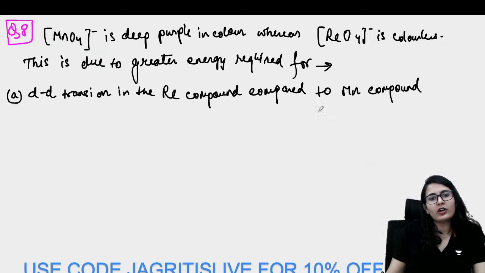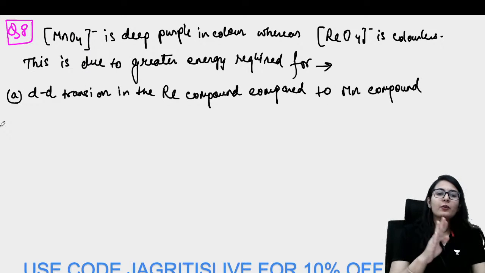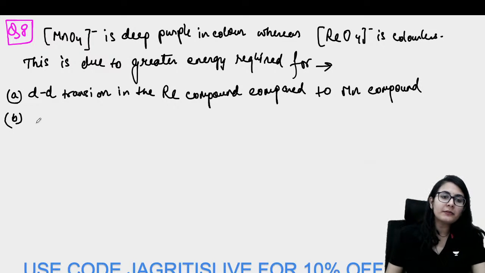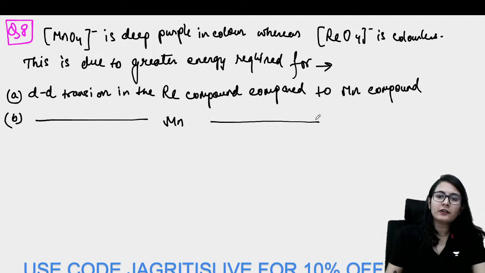Okay, so this is because of the greater energy required for d-d transition of rhenium compound compared to manganese compound. Or d-d transition in the manganese compound compared to rhenium compound.